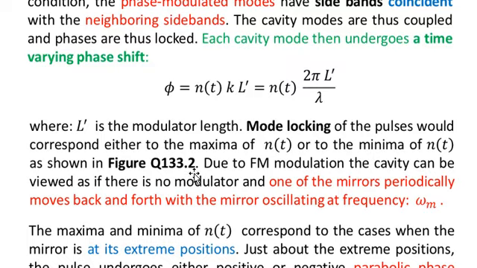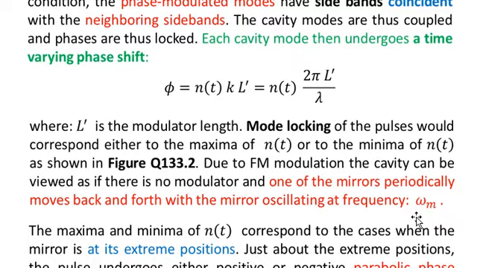Due to FM modulation, the cavity can be viewed as if there is no modulator, and one of the mirrors periodically moves back and forth with the mirror oscillating at frequency omega m.